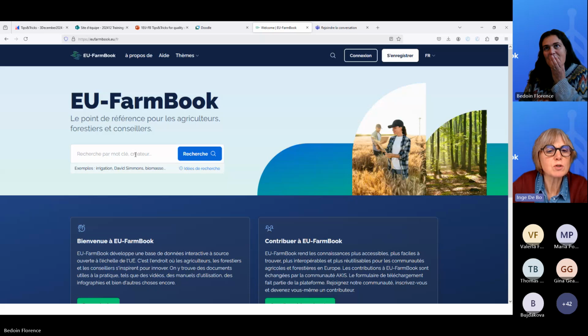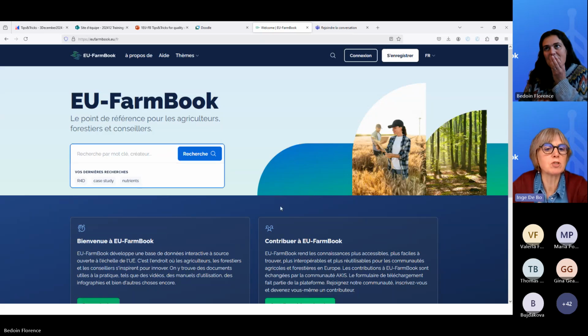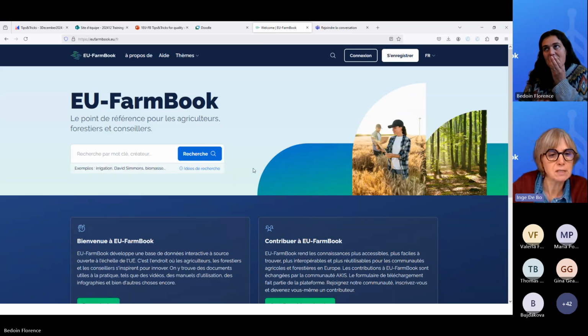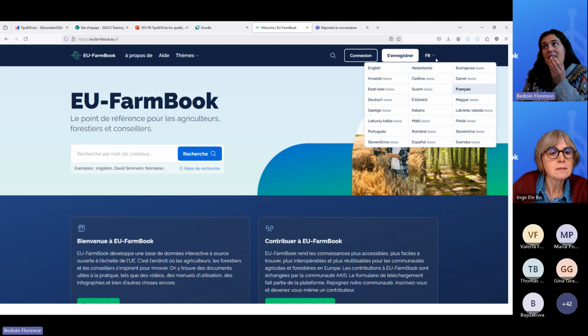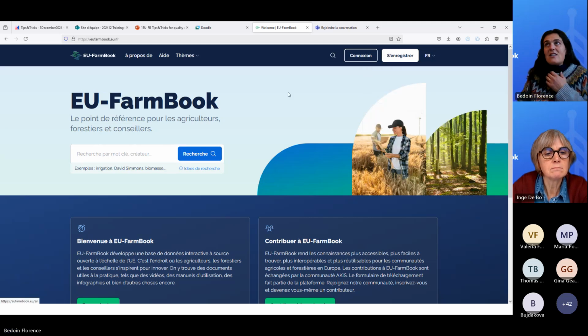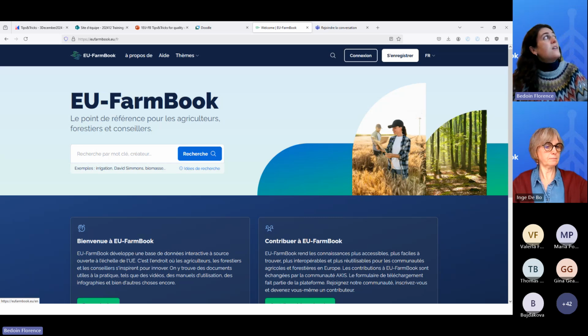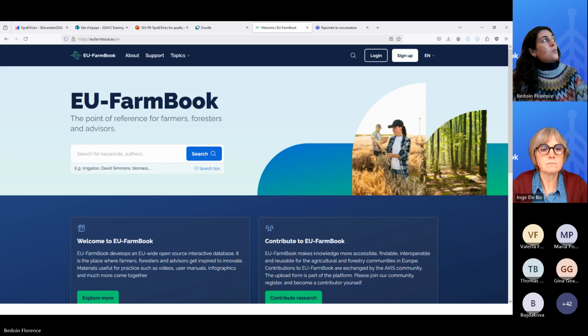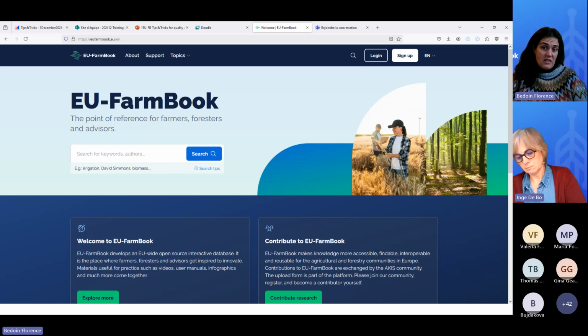Can other consortium members, except for the project coordinator, upload materials? Yes. When you are a project partner, you are also co-owner of the material produced by the project.